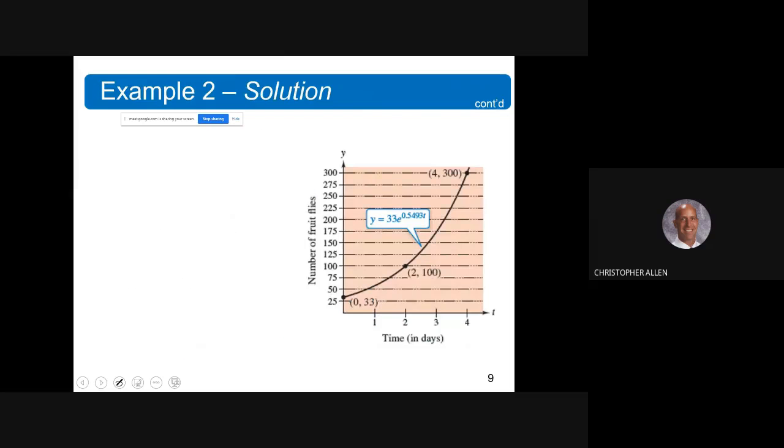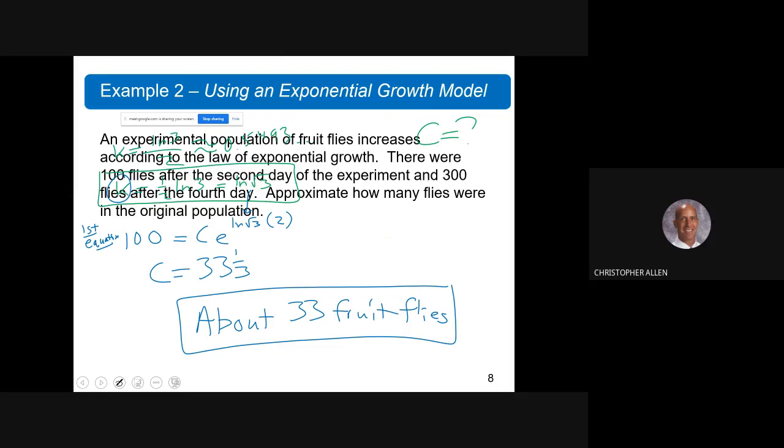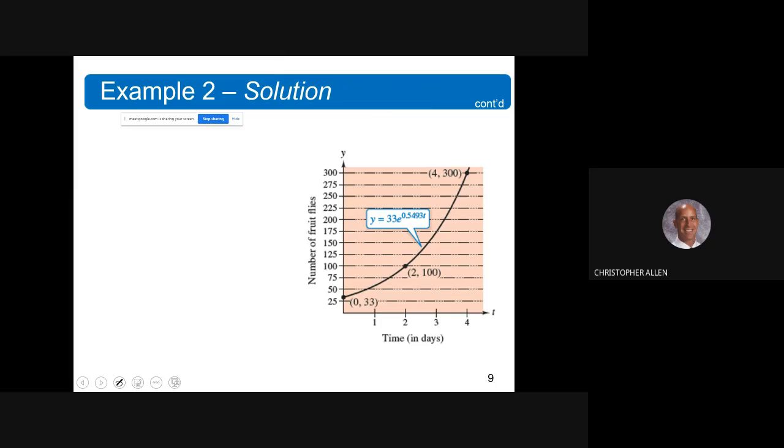All right. Oh, by the way, this is the graph of that. That looks really good. This is that graph right here of this curve. You'll notice that right here, our initial value is 0.33 approximately. That's where that 0.33. So this was our answer.